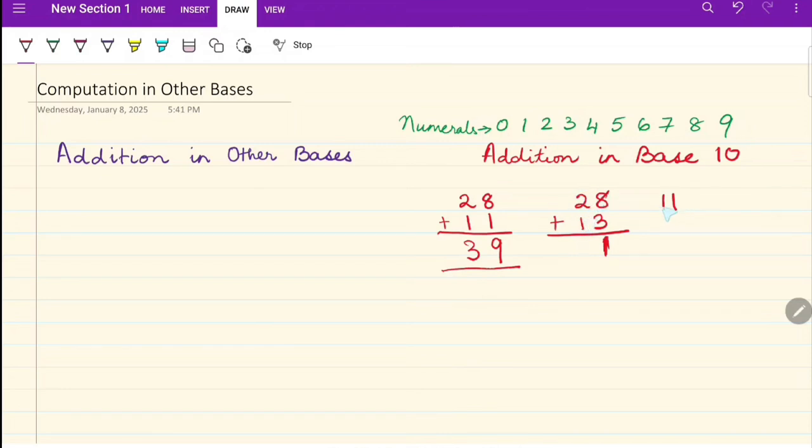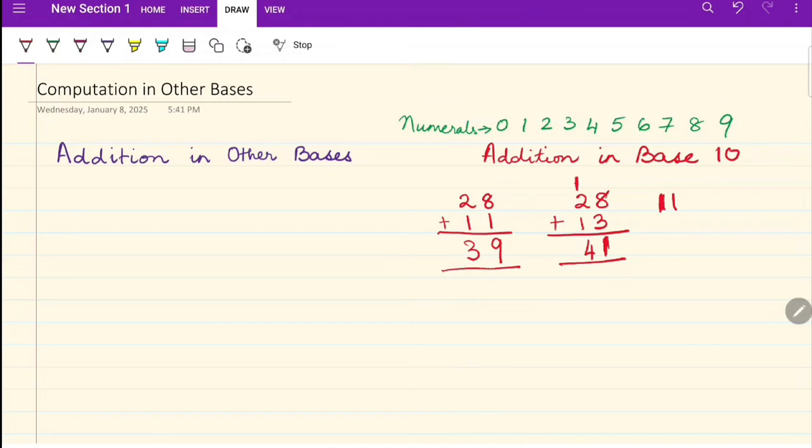Recall that. So we carry over this 1 here to the tens position. And then we add that to the digits in this position. So 1 plus 2, 3 plus 1, 4 gives us 41, and that is the answer.